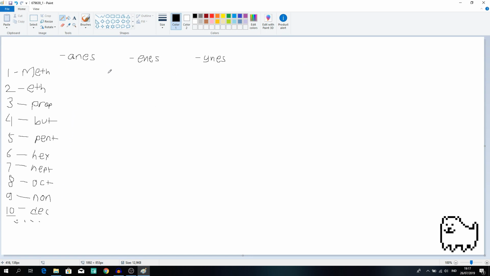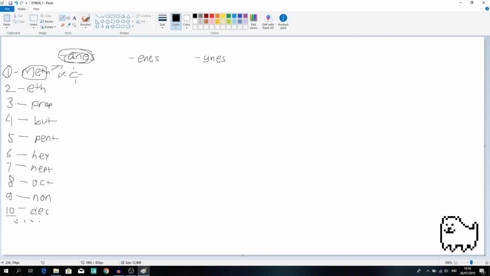So basically, if the compound that we're looking for is an alkane, meaning it has a single bond, and it only has 1 carbon in it, you call it methane. It's just simple addition: meth plus ane, methane. I'll just draw it for you. 1 carbon, and then just fill out the rest.